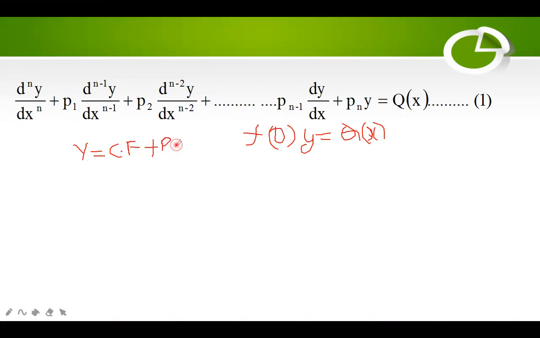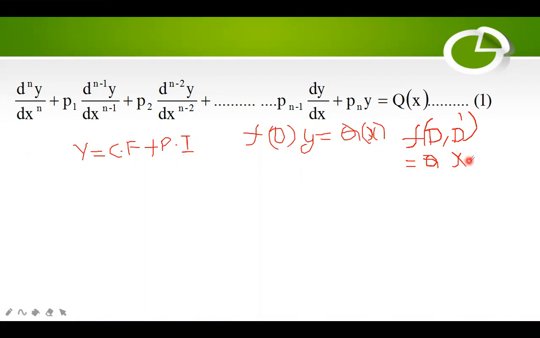For CF we equate f of D to 0 and find the roots. Based on those roots we find the CF. In the same way, in the case of partial differential equations also, we consider some f of D, D dash equal to some Q of x comma y.